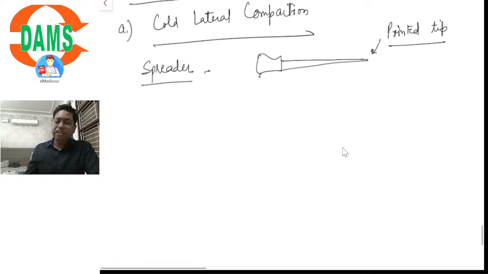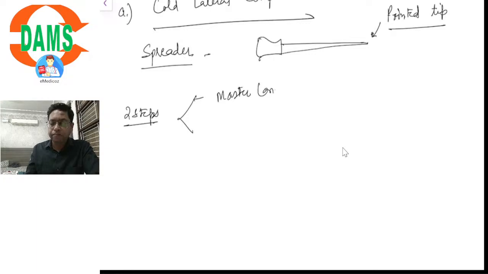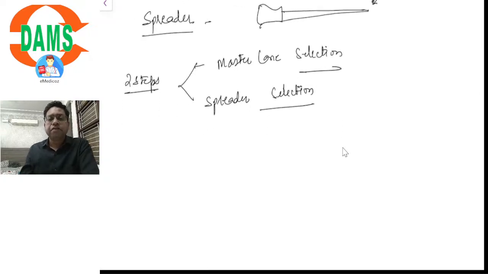So cold lateral compaction uses a spreader, that is, a pointed tip instrument is used. There are principally two steps for this cold lateral compaction. One is your master cone selection, and another is your spreader selection. Master cone selection and spreader selection.